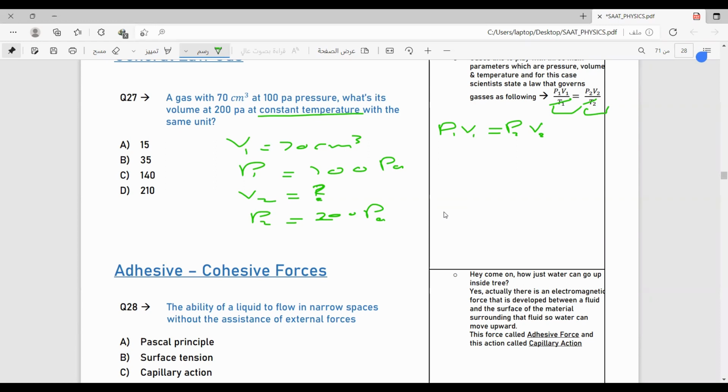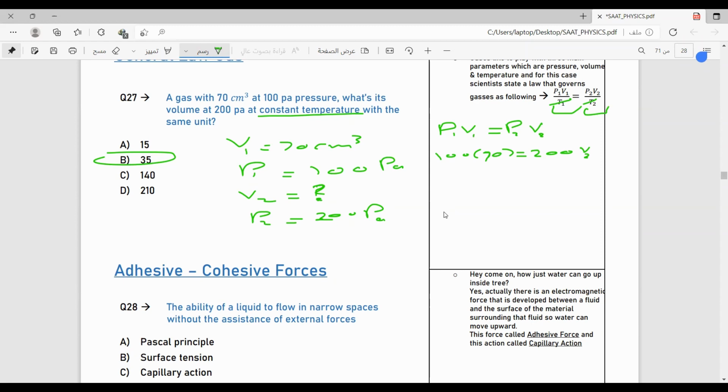Okay, good job. Substitution here and calculation. V1 was 70. P1 is 100. So 100 times 70 equals P2, which is 200, times V2. Now if we just divide before multiplying 70 by 100, just make it as simple as possible.